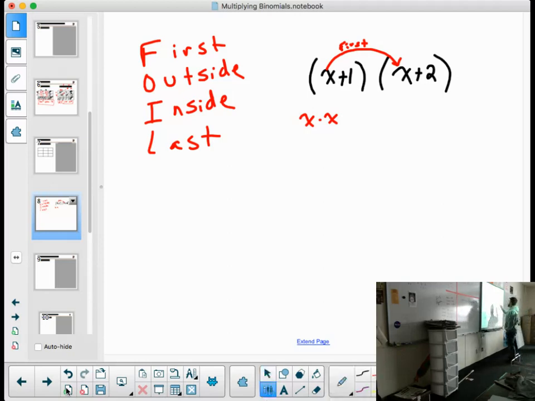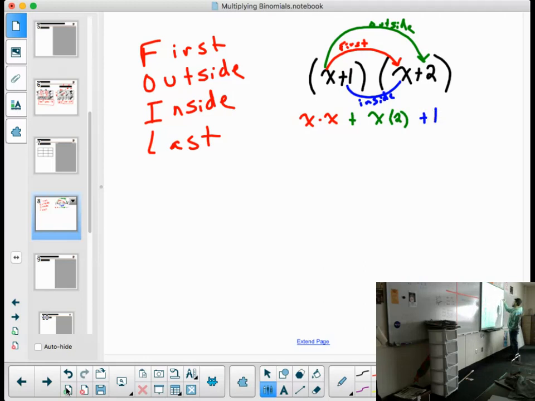The outside means we're going to take the outside terms and multiply them. Outside. So we will take x and multiply it by 2, or 2 multiplied by x. Inside is going to be the 1 by the x. This is the inside. Okay, so we're going to add to this 1 times x.